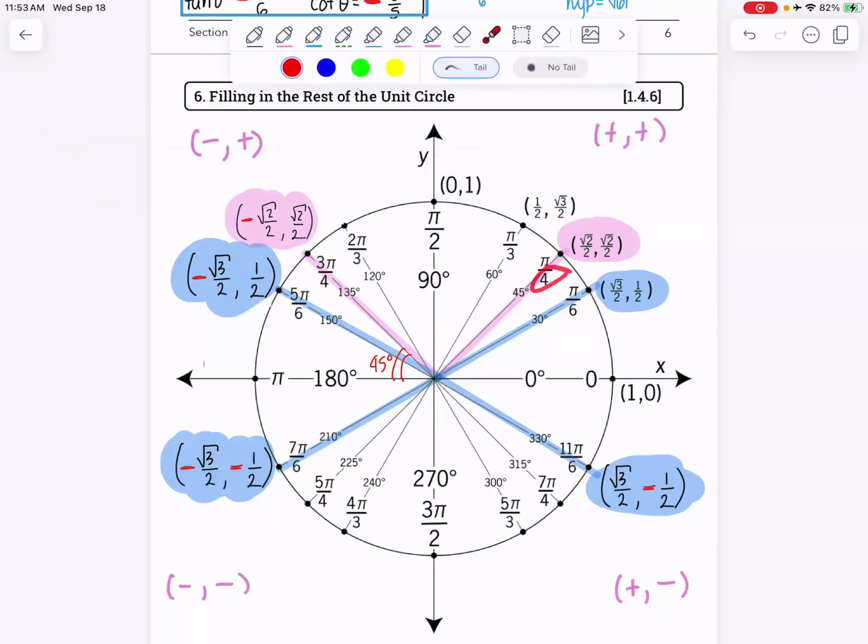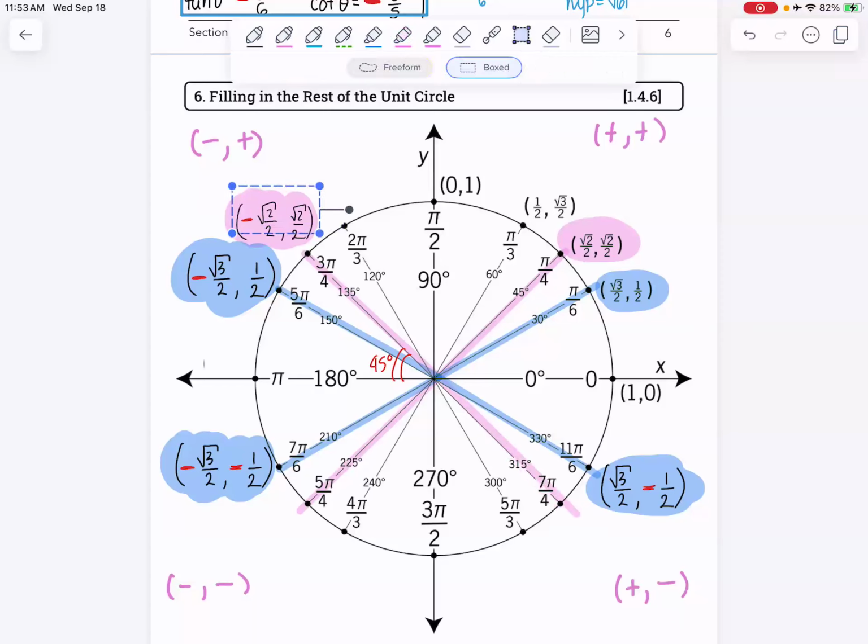Notice that these are the pi over 4 angles. That's going to be true of 225 degrees, which is 5 pi over 4, and 315 degrees, which is 7 pi over 4. Those are all going to have 45-degree reference angles, and therefore they're going to have the same value with different signs.